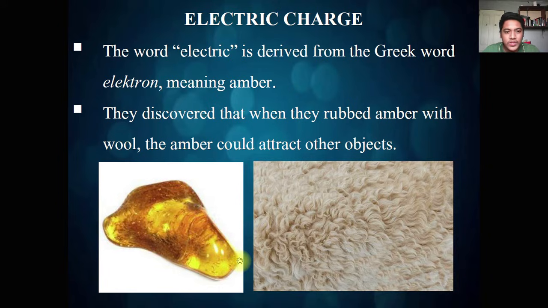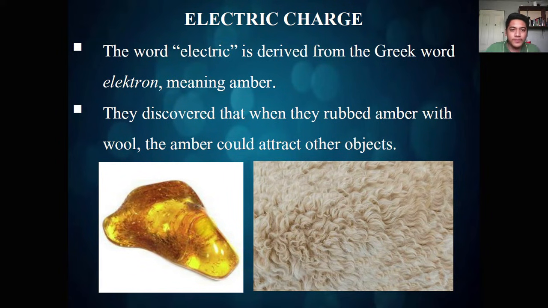So after the rubbing process, or what we call charging by friction, this amber could attract some other objects. There must be something happening between the amber and the wool after they get rubbed with each other, and that has something to do with electrical charges.